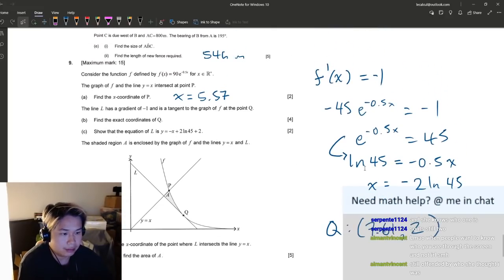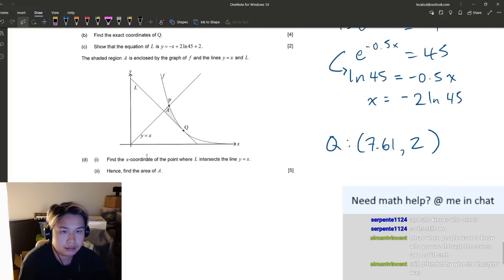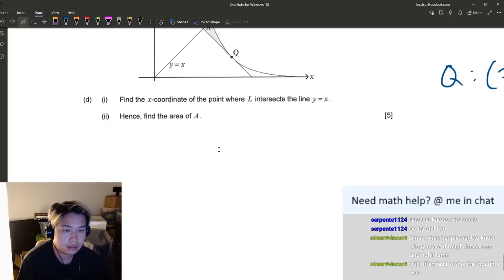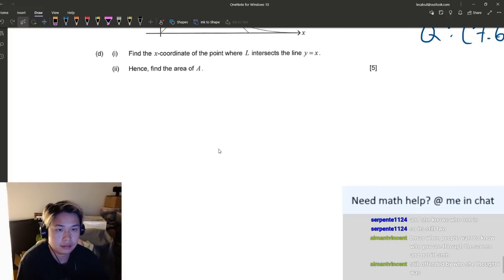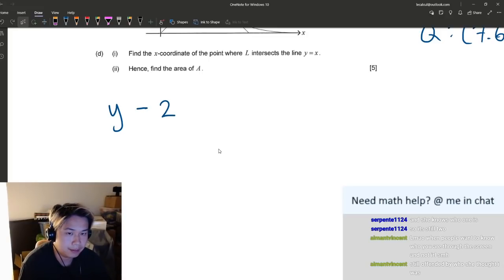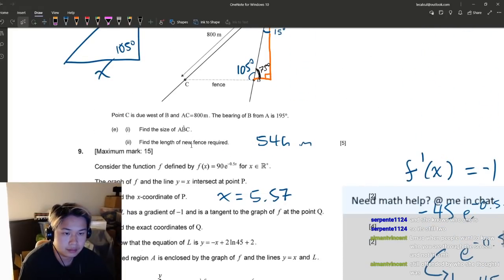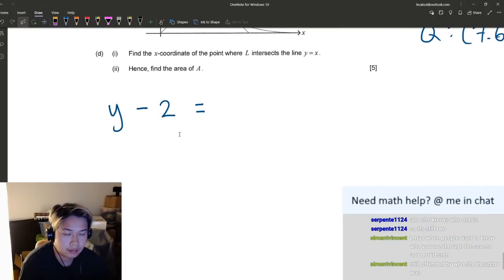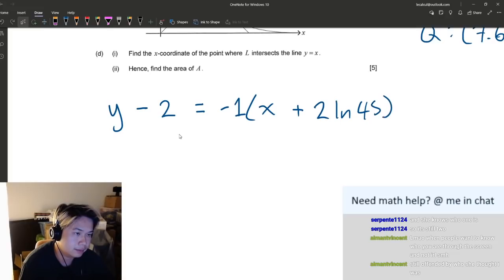But that's fine. We have the point, and then what we do is we put this into point slope form first, point gradient form. So it's y minus 2 is equal to -1 times x plus 2 natural log 45.